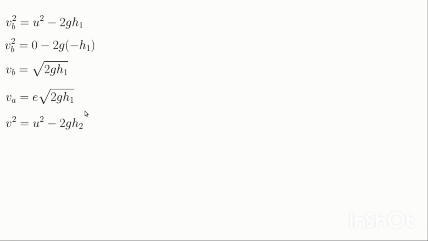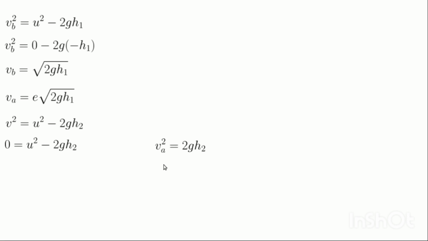As it leaves, this VA will act as the initial velocity. When it gets to the second height, the height of the second rebound, the final velocity will now become 0. Hence, when we substitute into this one, we get 0 equal to u squared minus 2gh2, and we have VA squared equal to 2gh2.